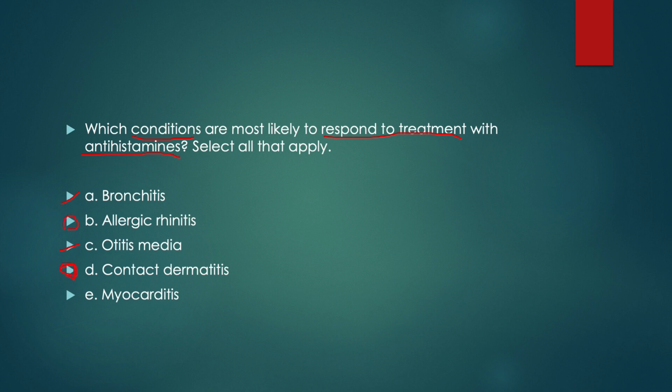And this one definitely is going to work with antihistamines, allergic rhinitis. Myocarditis, oh boy. That means something with cardiac and muscle and inflammation of, right? Because we know Latin. So it is the cardiac muscle that is inflamed. This is not going to be something the antihistamines are going to be able to do anything about.